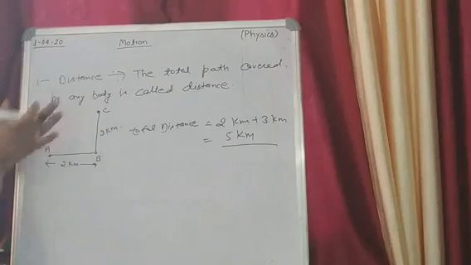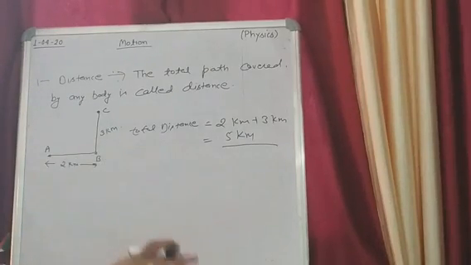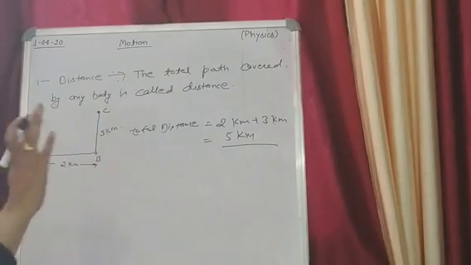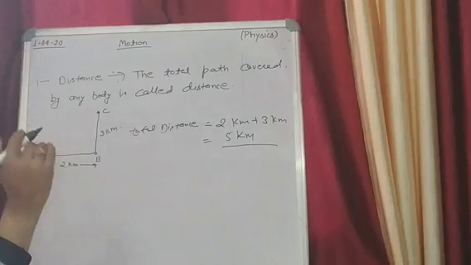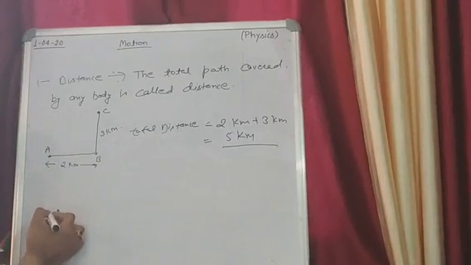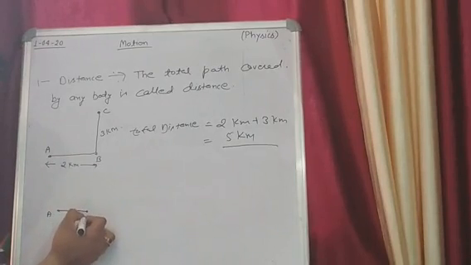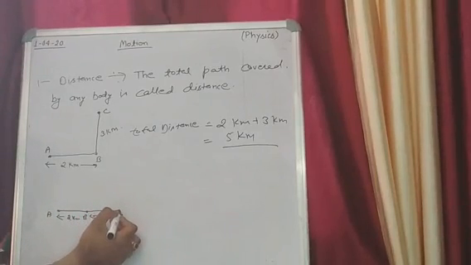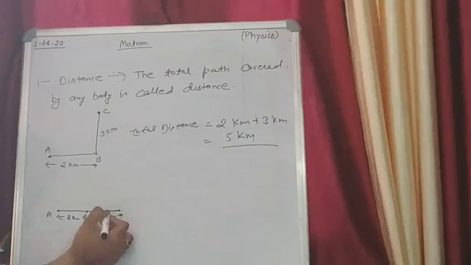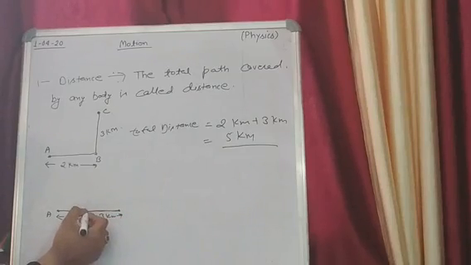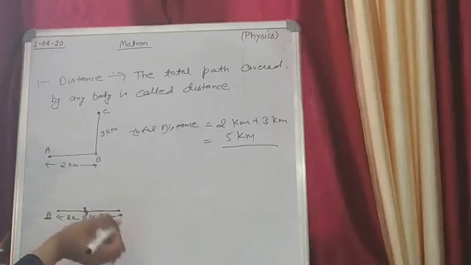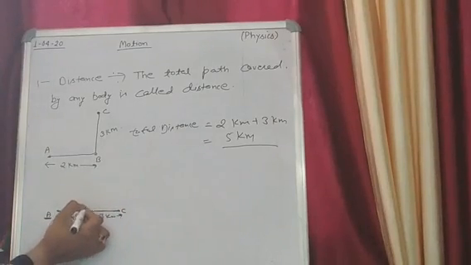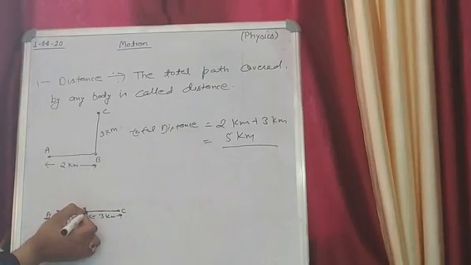Okay, so what is the definition of distance? The total path covered by any body is called distance. Okay, let me give you another example. Suppose you are here and now you move here, B, that is 2 kilometer, then you move here, that is 3 kilometer, then you come back from here and you reach here now. Okay, this is our starting position. Suppose B, then C, then finally you come back from here and you reach this point.